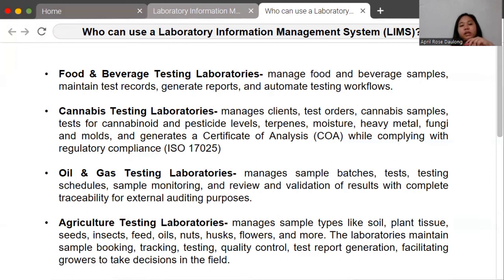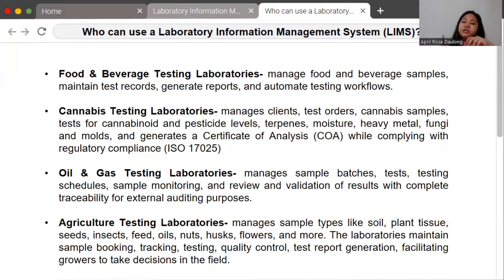So for the fifth one, the oil and gas testing laboratories. So, may abot siya mga oil and gas laboratories now. So, the LIMS manages sample batches, testing schedules, sample monitoring, and review and validation of results with complete traceability for external auditing purposes.